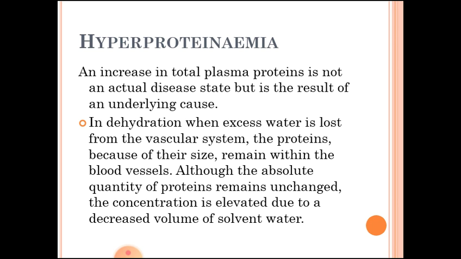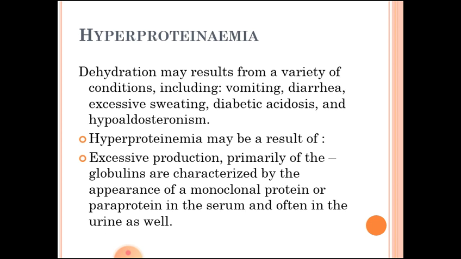The proteins remain within the blood vessels, although the absolute quantity of protein remains unchanged. The concentration is elevated due to decreased volume of solvent water. Hyperproteinemia due to dehydration may result from a variety of conditions, including vomiting, diarrhea, excessive sweating, diabetic acidosis, and hypoaldosteronism.